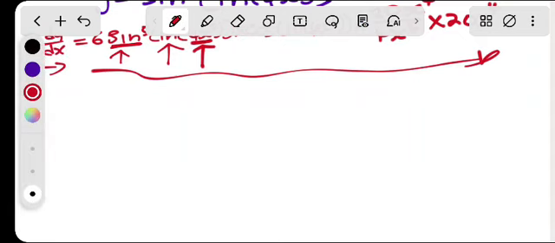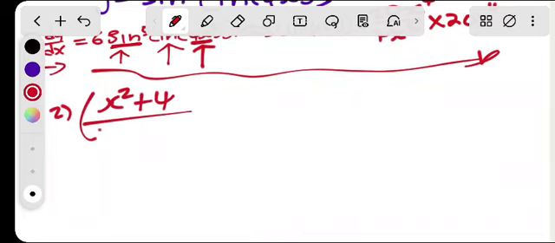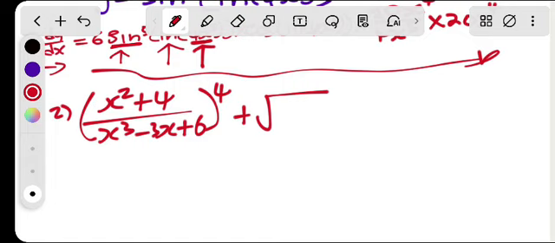Let's check here. We have, let's say, given x squared plus 4 all over x cubed minus 3x plus 6, all this raised to the power of 4, plus the square root of 2x minus 5.